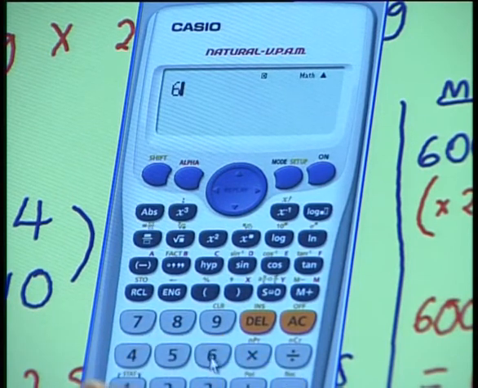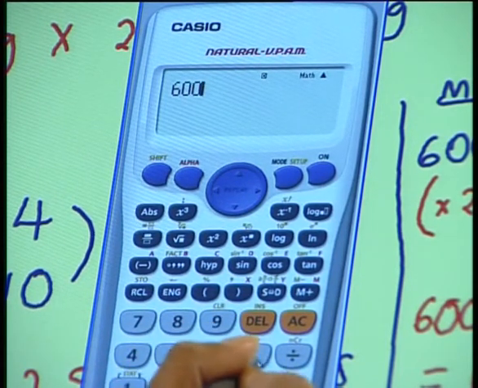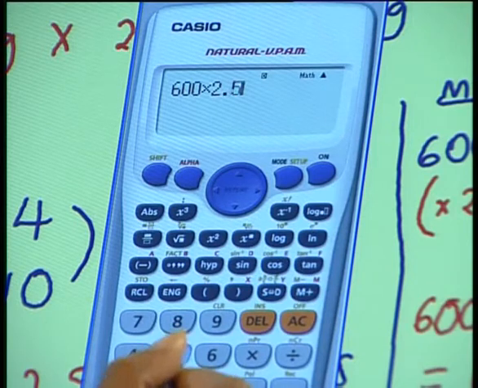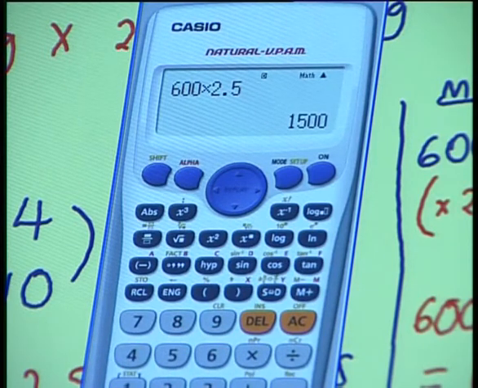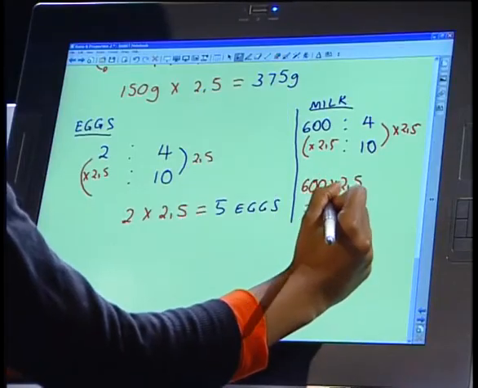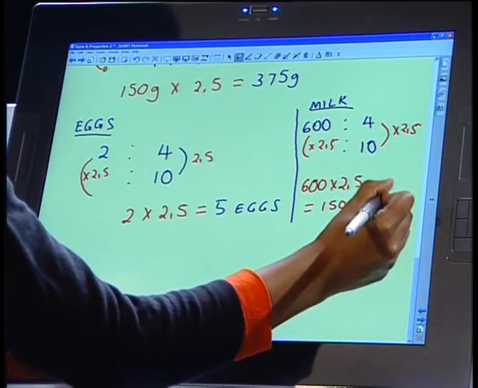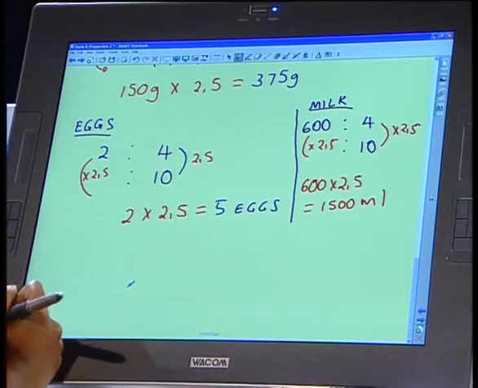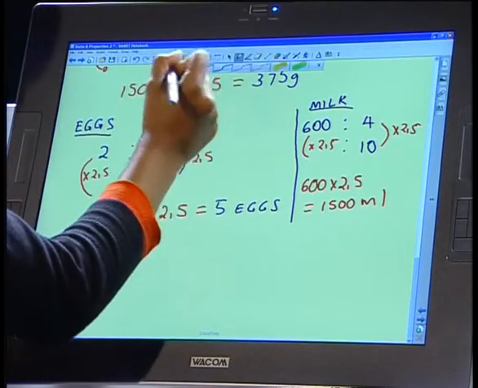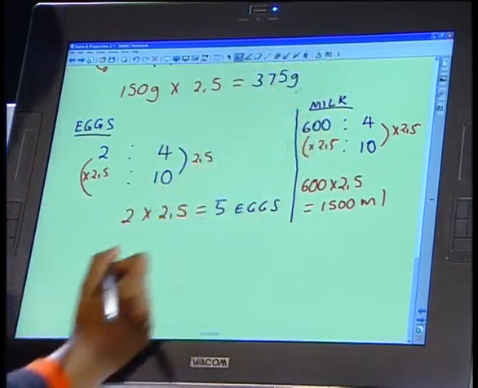So we've got 600 times 2,5. That gives me 1,500 milliliters of milk. So that's 1,500 milliliters of milk that you will need. And then lastly, we had to look at the butter.